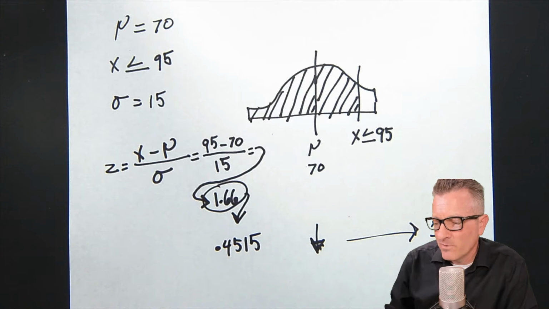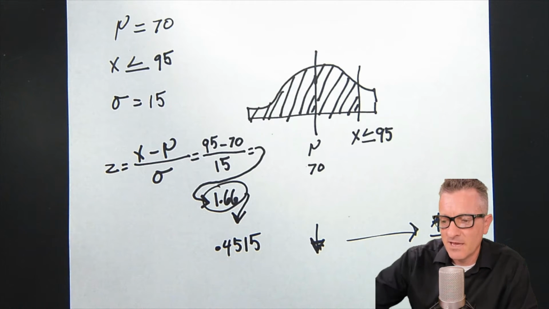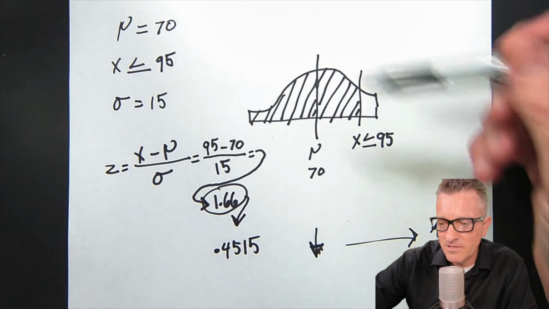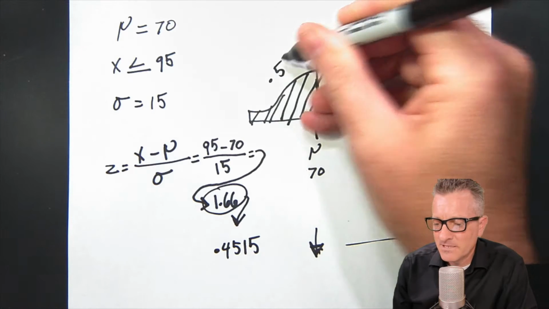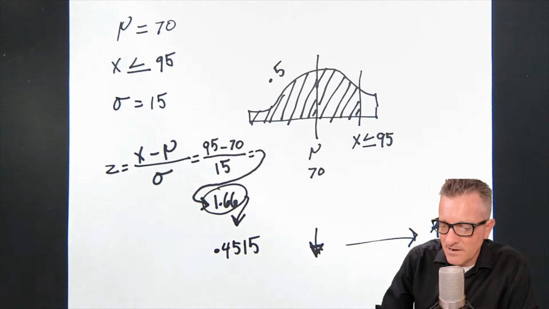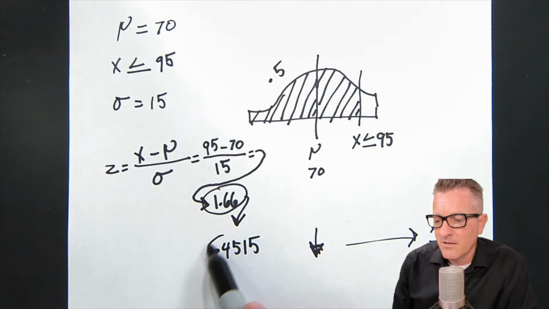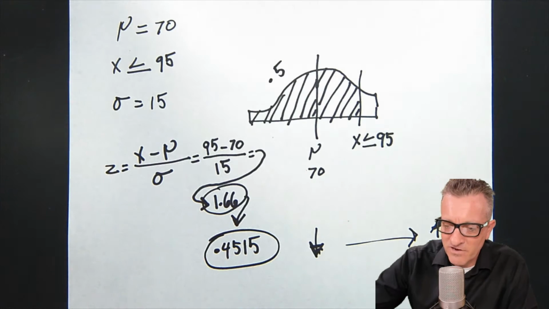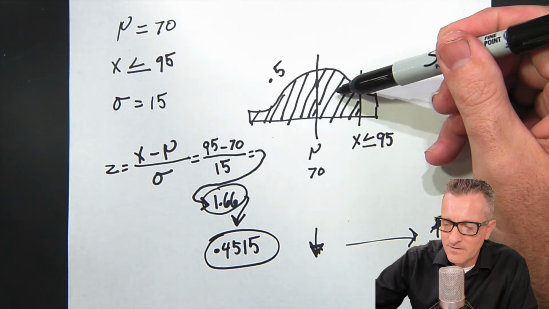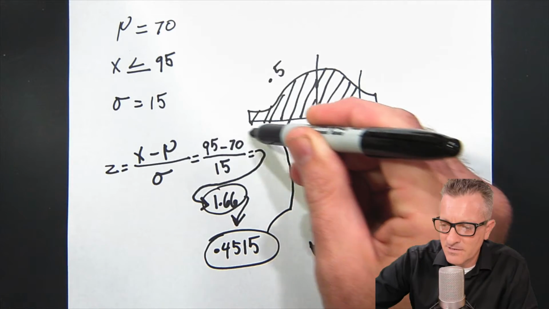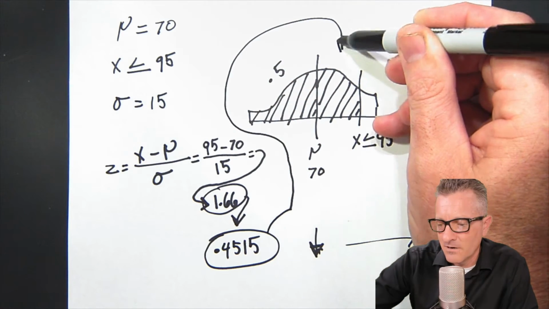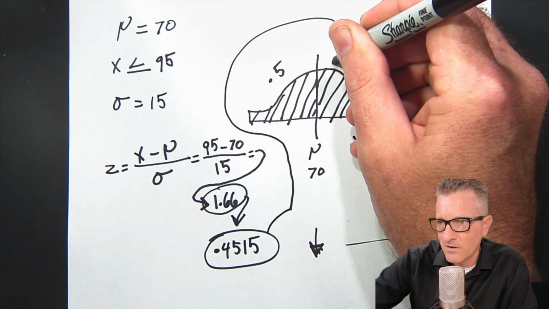So usually when we do these problems, if we have a whole side that's not accounted for, which is this over here, this is our 0.5 because it's just the whole thing. And so this side right here, of course, this is going to be over here. So this is going to be our 0.4515.